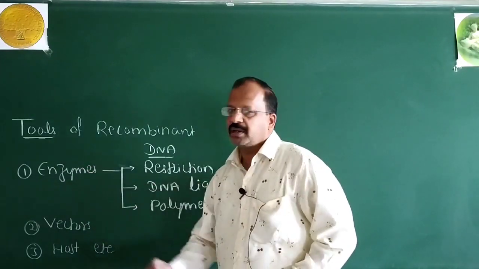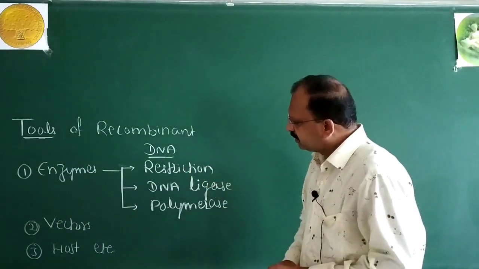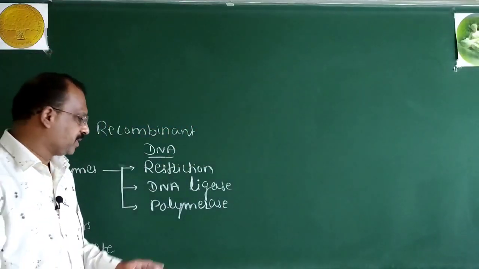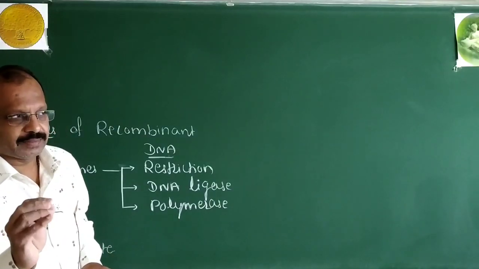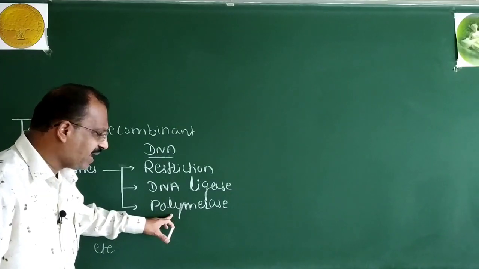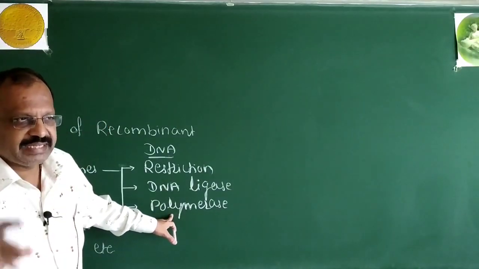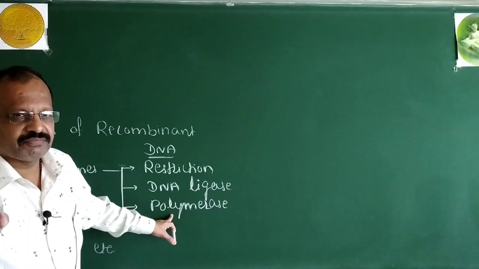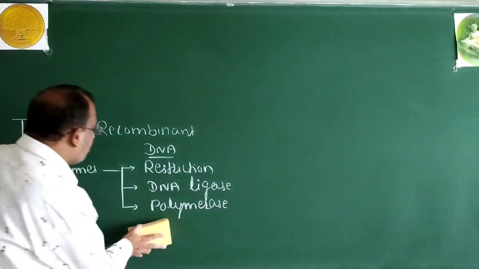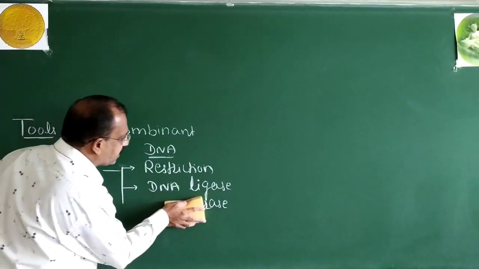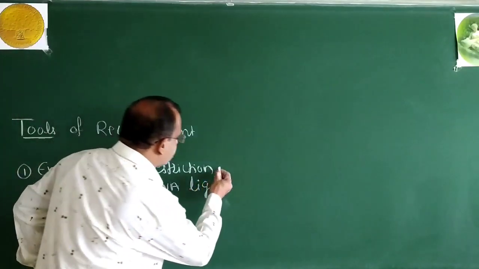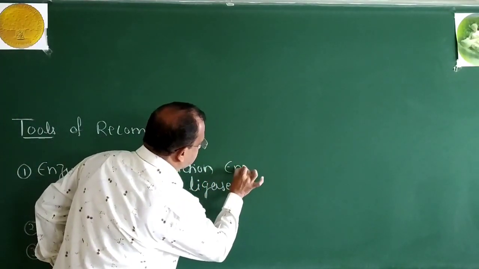Now first look over enzymes. There are three enzymes that are quoted in your syllabus, but the last one, polymerase, you have come across in detail in molecular basis of inheritance. In this chapter you are going to study detailed matter related to restriction enzymes.